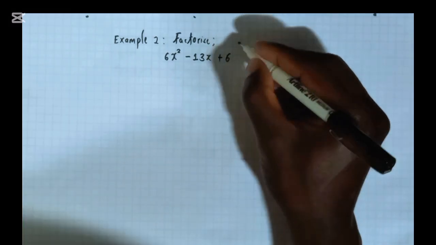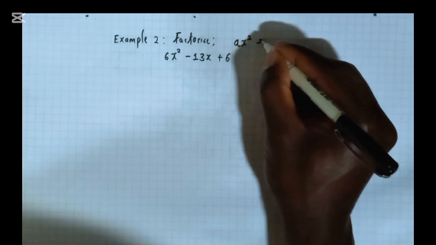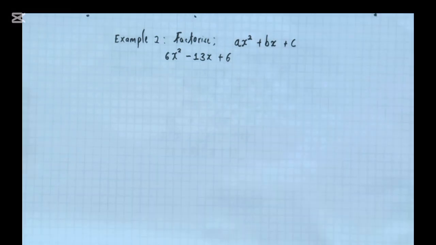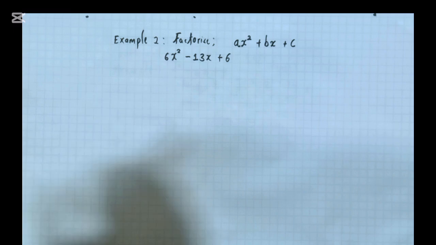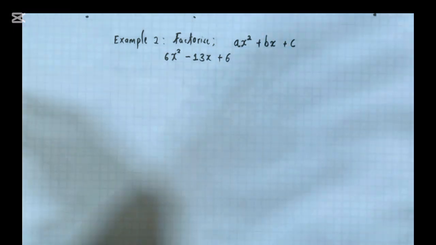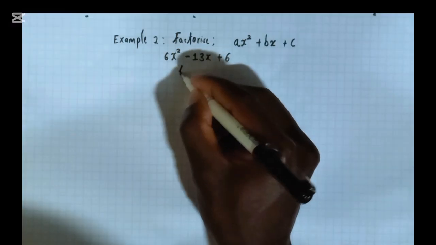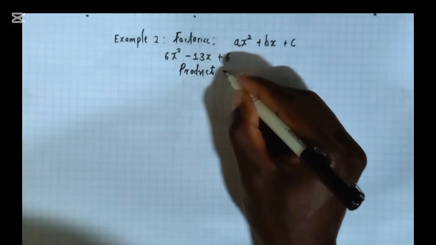Remember that generally a quadratic expression should take the form ax squared plus bx plus c. That is the general representation of a quadratic expression. Whenever you're trying to factorize a quadratic expression, I said that you're supposed to have two terms in mind, and the first is the product.